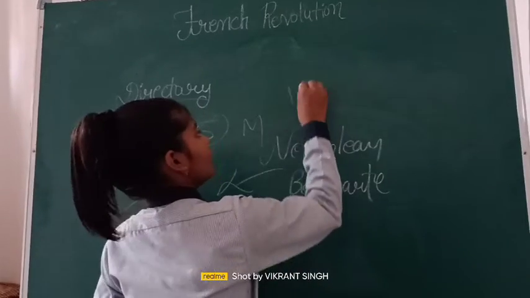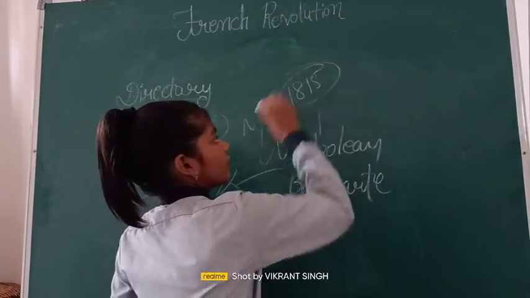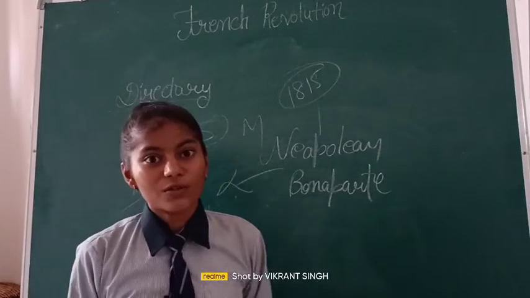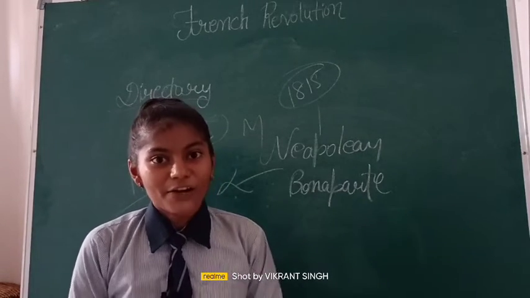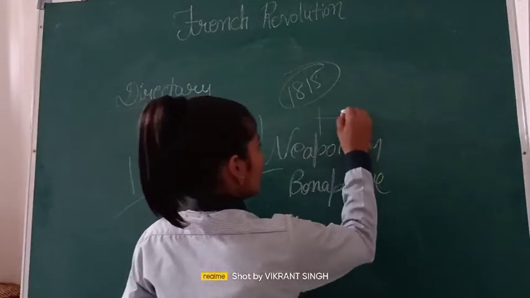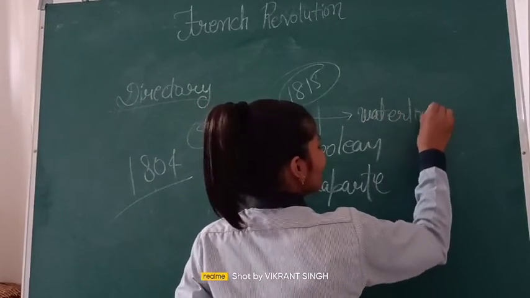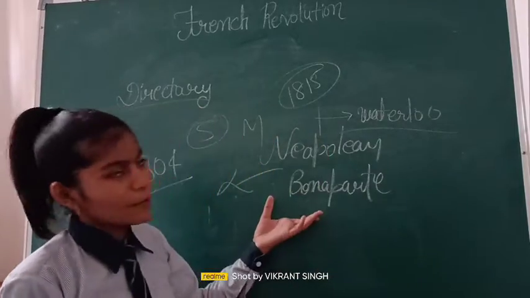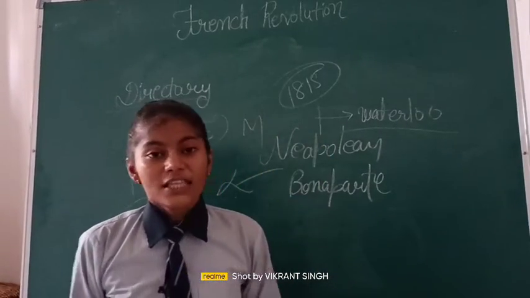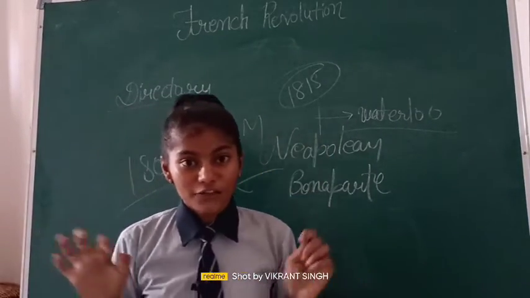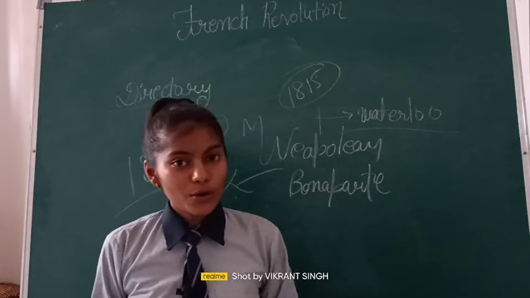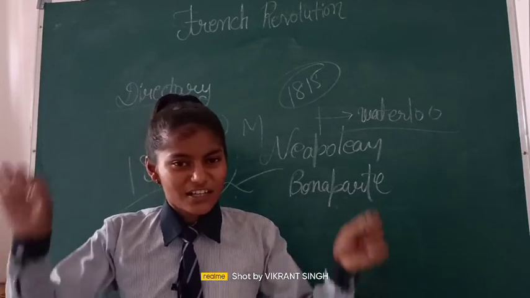Then in 1815, he was defeated at Waterloo. Yes, he was defeated at the Battle of Waterloo, the very famous battle. This was just the French Revolution. I want to recap it in a little cheat sheet.